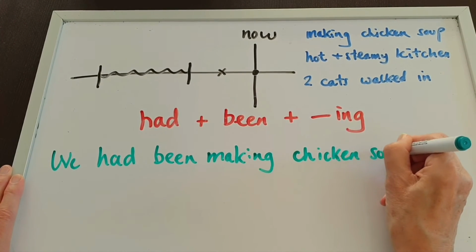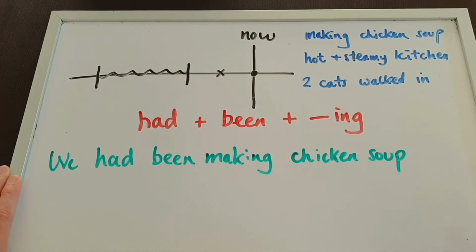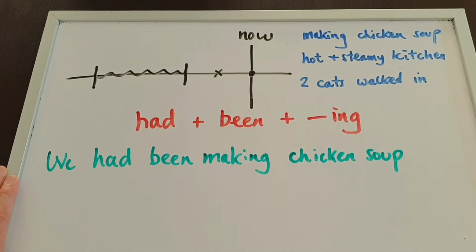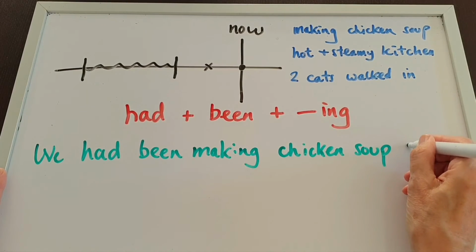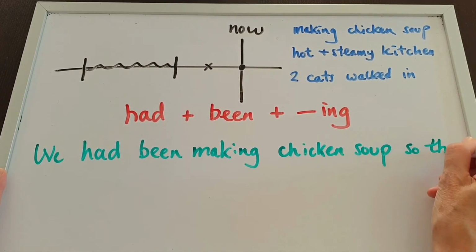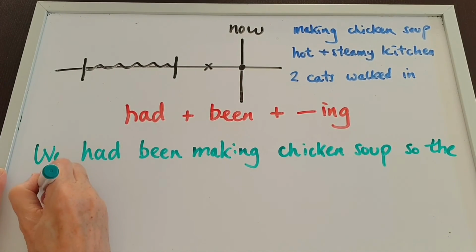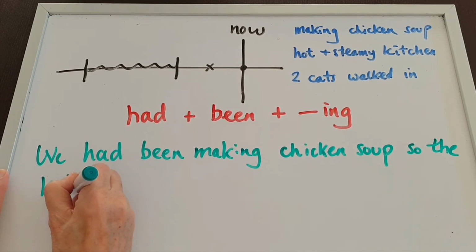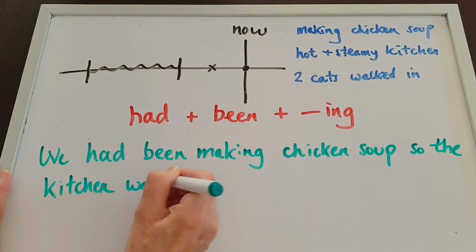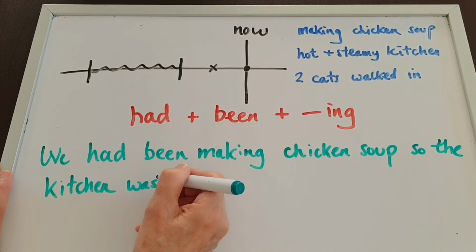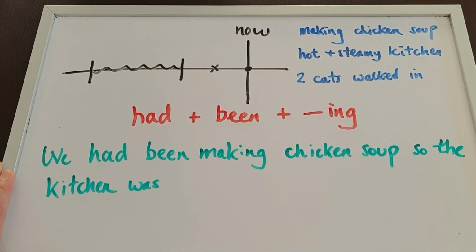And what happens when you make chicken soup? The kitchen gets hot and steamy. So we had been making chicken soup. So the kitchen was hot and steamy. We had been making chicken soup.